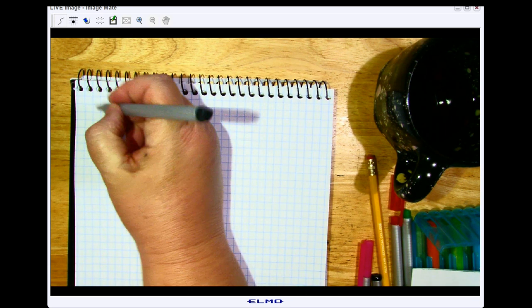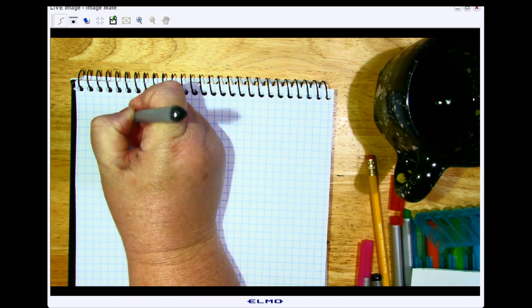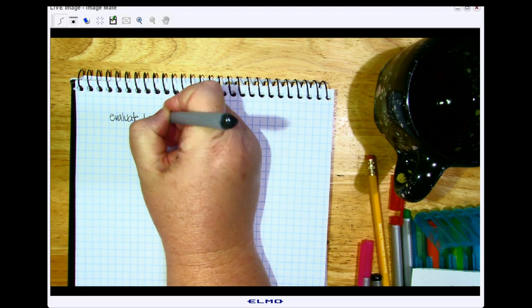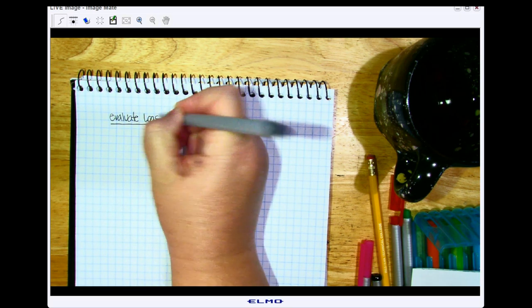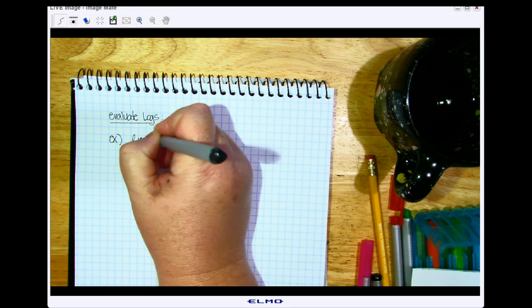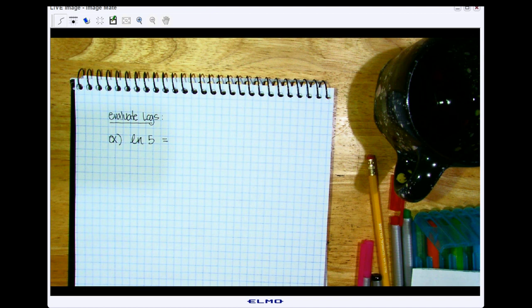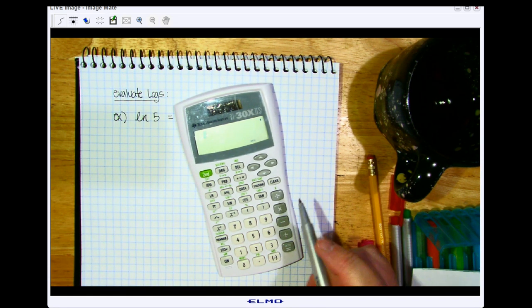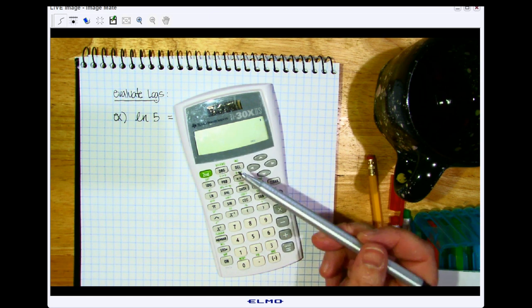All right. So if we are asked to evaluate, here's what you may see. You may see ln 5. Now, on your calculator, you want to find ln and log.